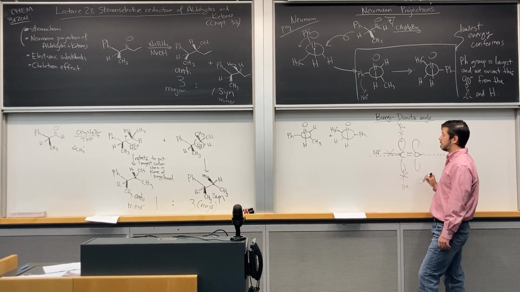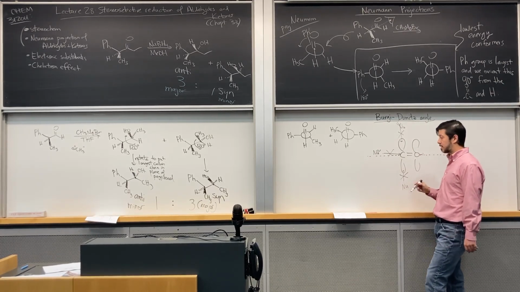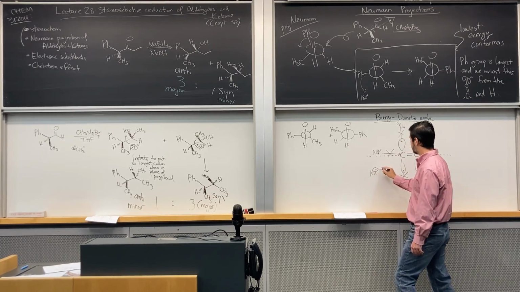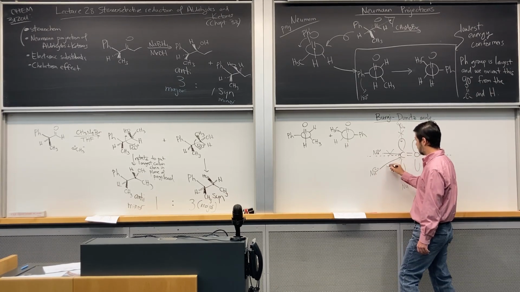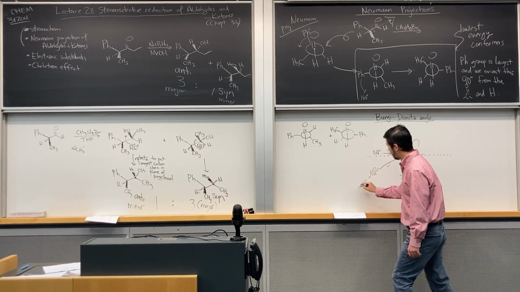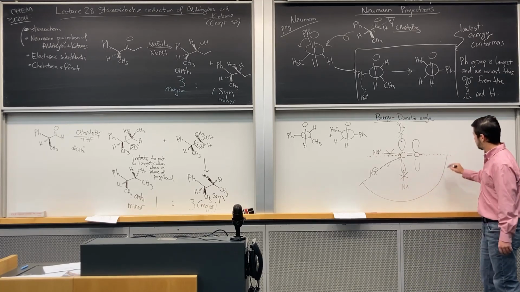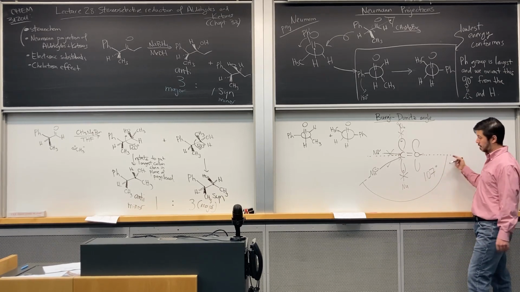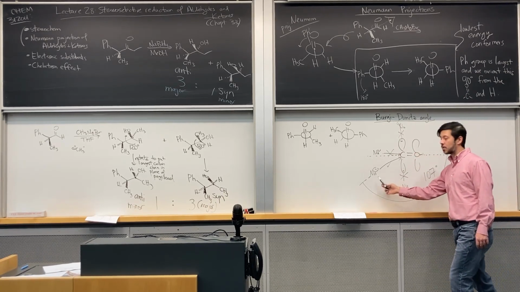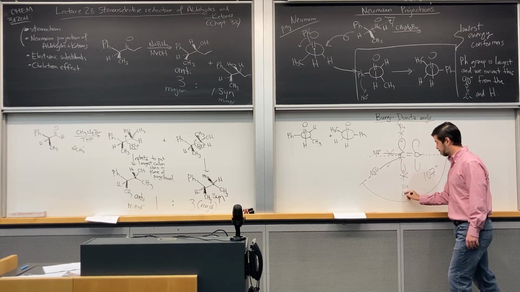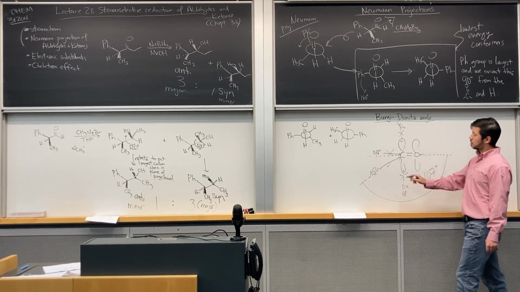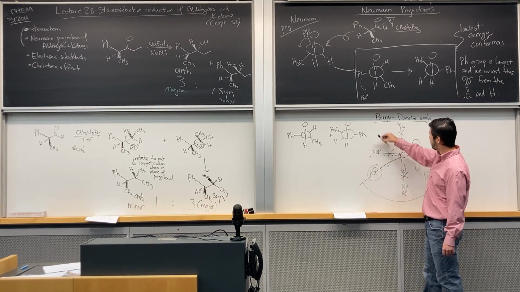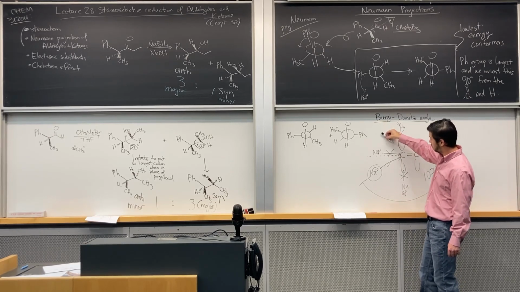In fact, the correct angle at which it attacks is from this orientation. So here's your nucleophile, and it can attack like this. If you measure the angle at which it can attack, this angle here is 107 degrees. Okay, so this is 90, so it's just a little bit more, 107 degrees. So the nucleophile can attack through this position, and it can also attack 107 degrees from this direction as well.